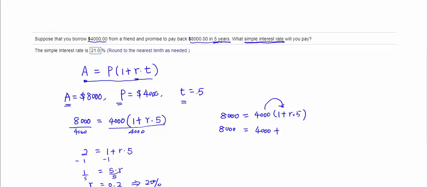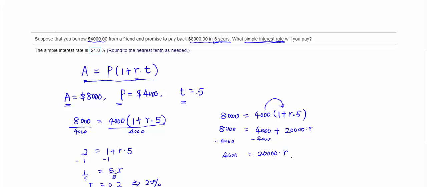So combine the like terms or multiply the 4,000 with the 5, so we have 20,000 times R, okay? And then you can subtract the 4,000 from both sides. So the left-hand side becomes 4,000, and the right-hand side becomes 20,000 times R.